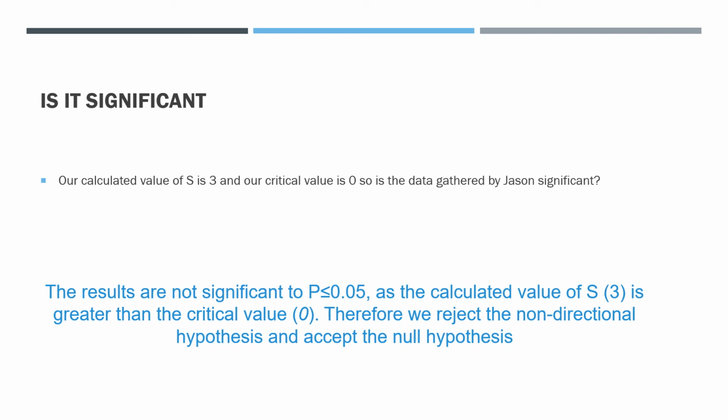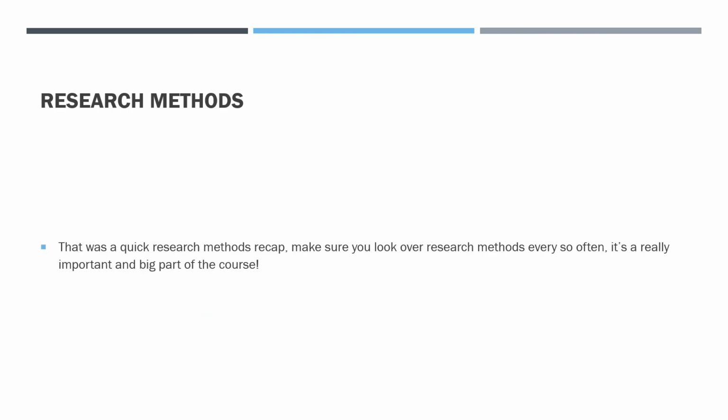Therefore, we reject the non-directional hypothesis and accept the null hypothesis. So you need to make sure that you put numbers in there, you put the second sentence in there of what you're going to reject, what you're going to accept. And make sure that if it is significant, S has to be less. So make sure that you remember that because you will be asked to write this statement as well.